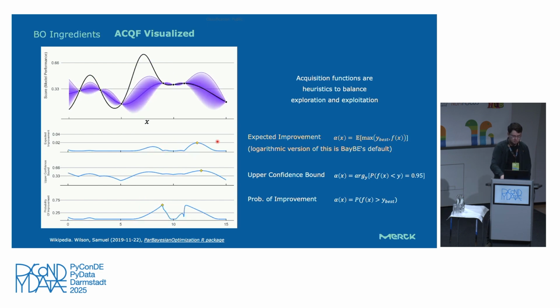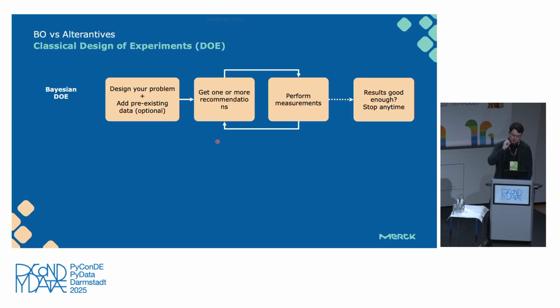And now technically how it works, let's look at that in practice. So in practice, of course, we have our experimentalists. They design their problem, so that just means I have to tell the algorithm what parameters I want to change, in what ranges, what my categories are, and the values of that. We call that setup. Then in Bayesian optimization, you can add pre-existing data.